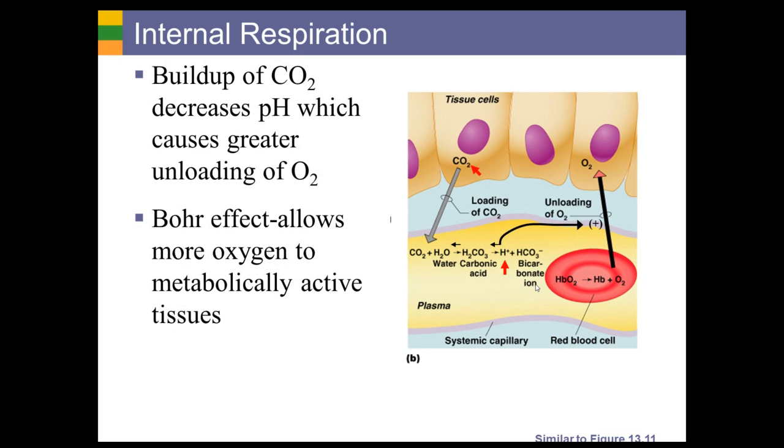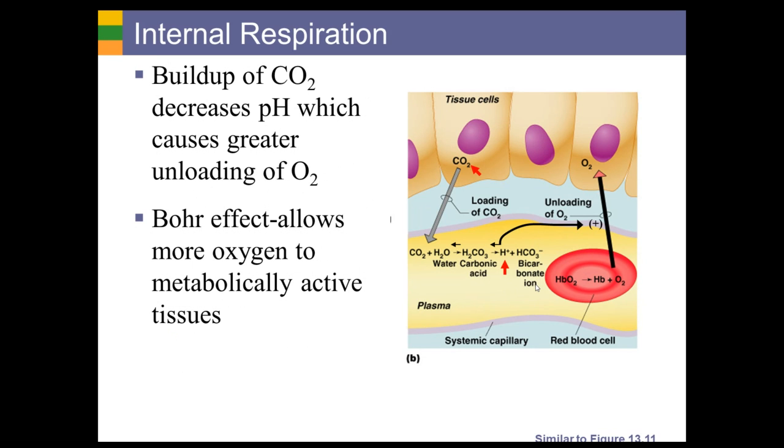Remember that proteins are sensitive to pH, and it's because they have hydrogen bonds. And a change in pH can make those hydrogen bonds, which are weak, break, or make them even weaker. And what that will do is change the shape of, in this case, the hemoglobin molecules, ever so slightly.